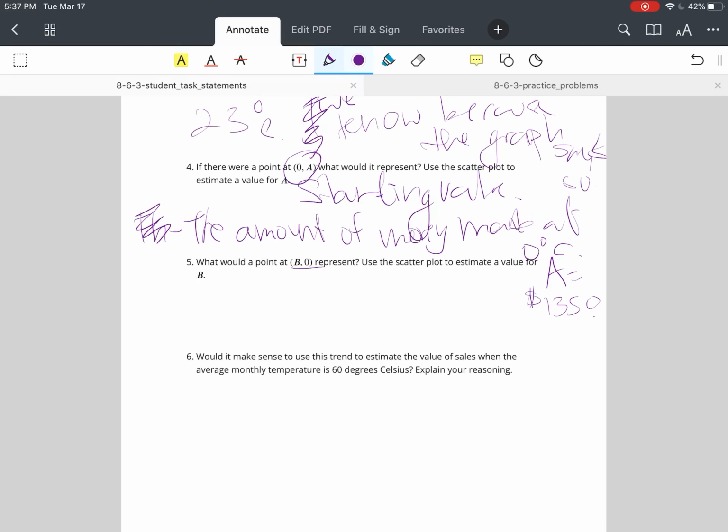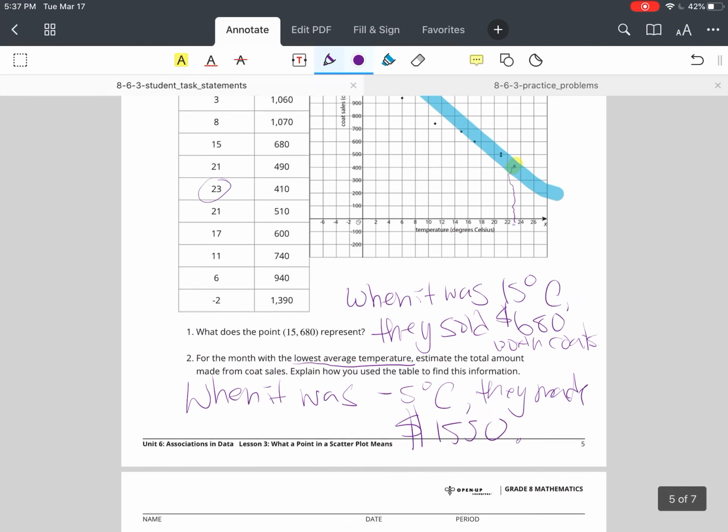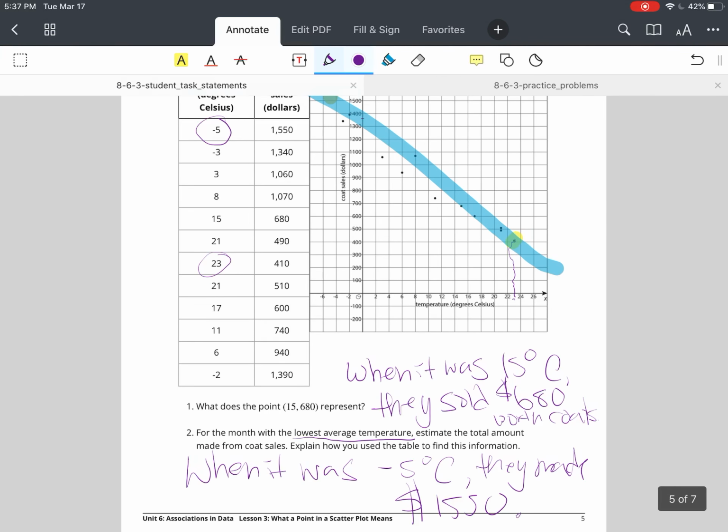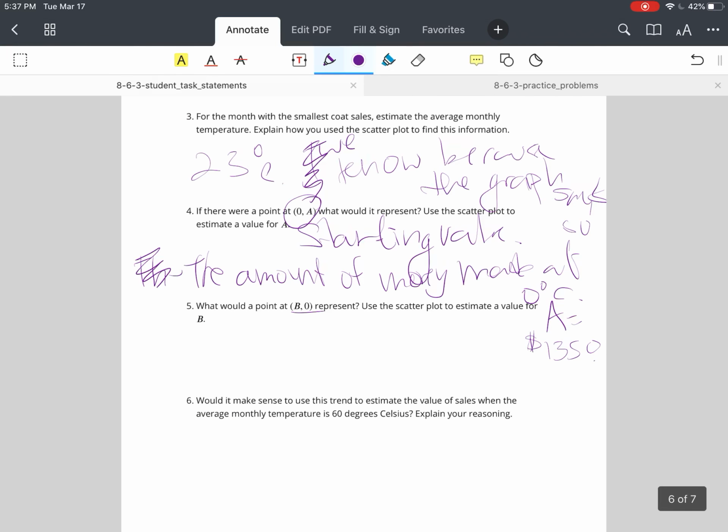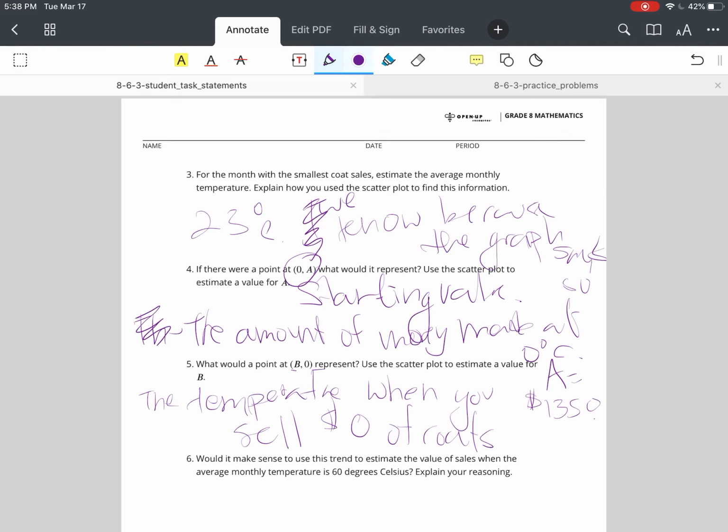What would the point B comma 0 represent? So B comma 0 would be where the Y value is equal to 0. So somewhere over here. This would represent the temperature when you sell $0 of coats.